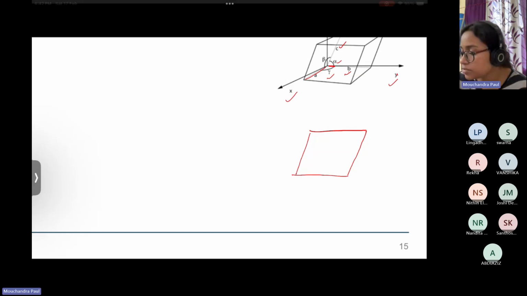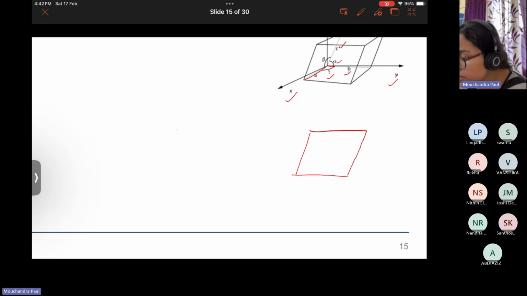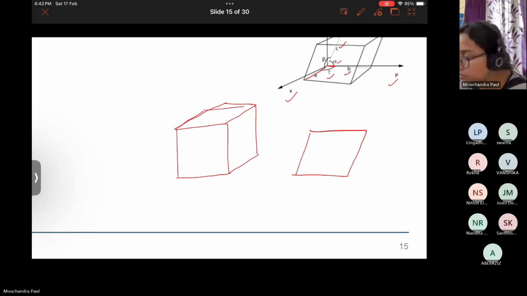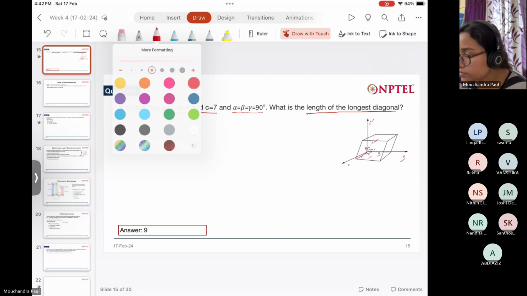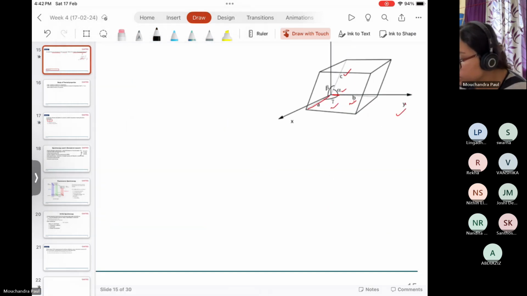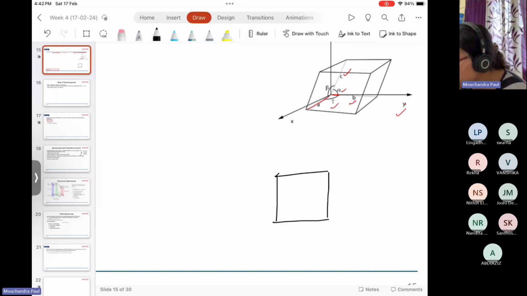This is just a representation. We can draw a unit cell with 90-degree angles, so it will look like a cube. This is just a representation where alpha, beta, and gamma are not defined, but in the diagram which I'm drawing, alpha, beta, and gamma are all 90 degrees.